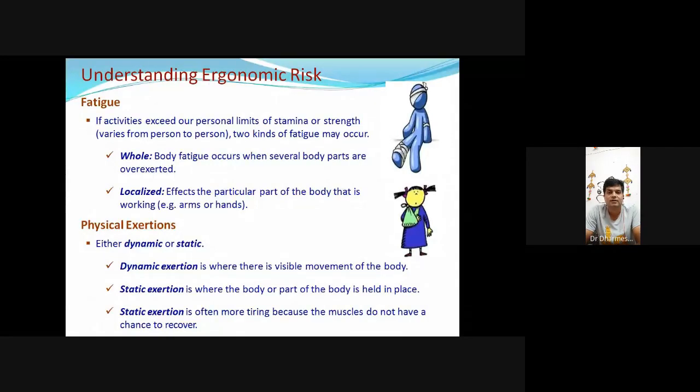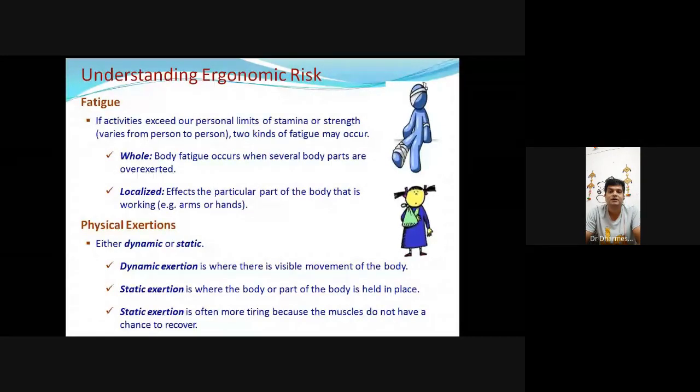Physical exertions, whether the work is dynamic or static. Dynamic exertion is where there is physical movement of the body. An example: someone lifting a bucket full of water who has to carry it from one area to another.